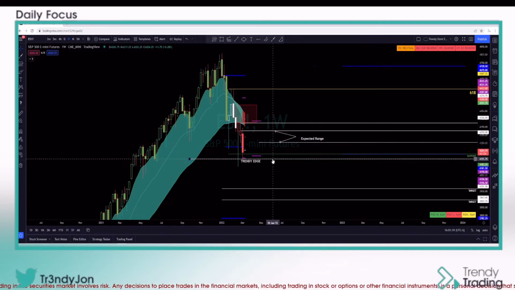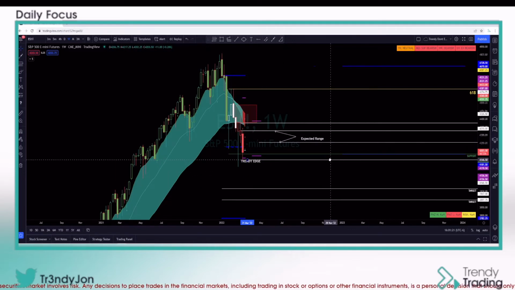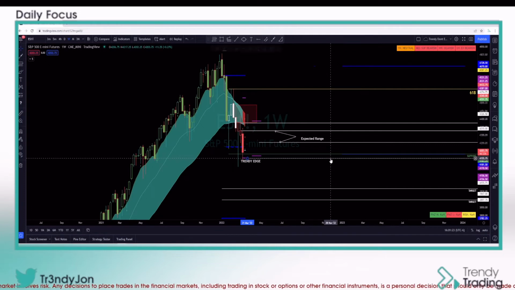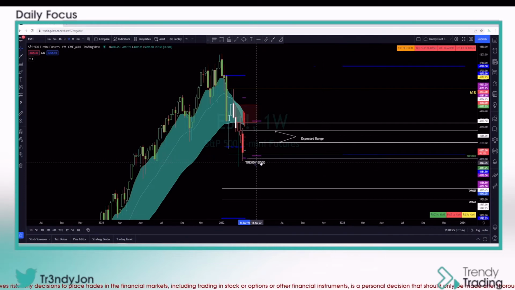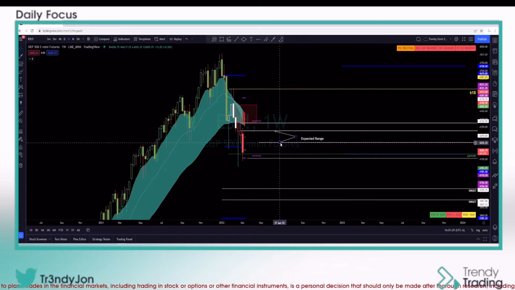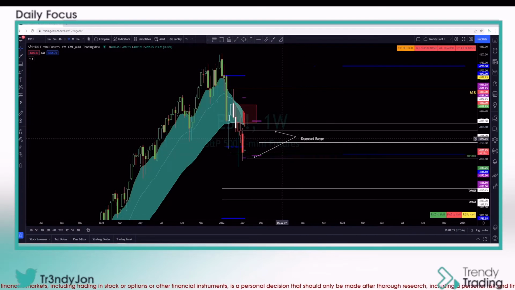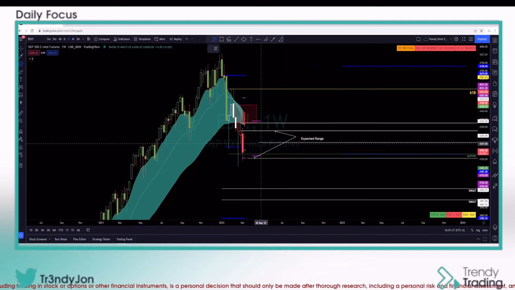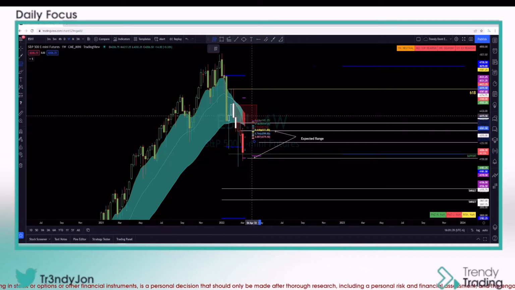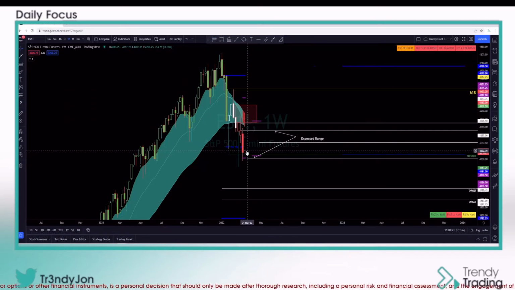I'm going to take some of this and I'm going to use the trendy edge right there, which is the lower one. Okay, we don't need that in there. You guys should know what that looks like. And we're going to say our expected range would be that edge, okay? And then I want to find some fibs here and figure out where we are.